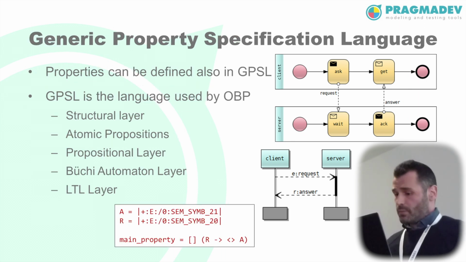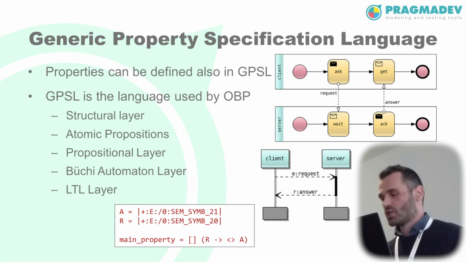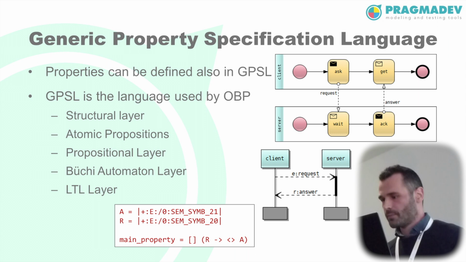Now, a second possibility that can express many more properties in a very complex way is the generic property specification language, which is the language used by the observer-based prover.